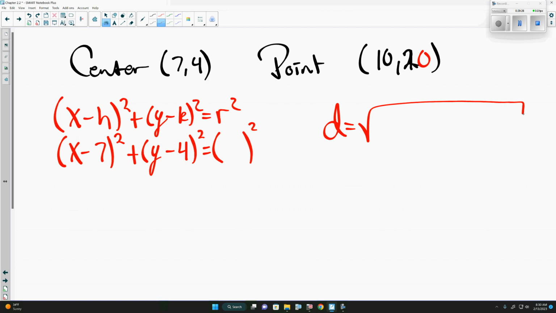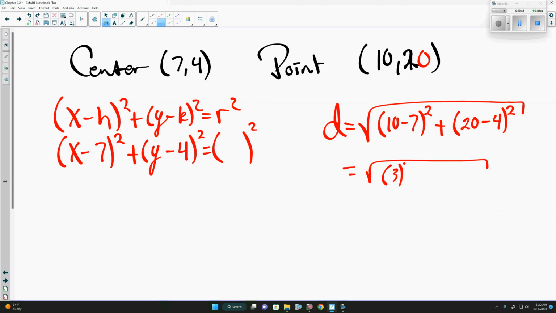And again, our distance formula is our x values being subtracted and squared plus the y values being subtracted and squared. At this point, we could plug this into the graphing calculator and it'd do it for us. 10 minus 7 squared. 10 minus 7 is going to be 3 squared. 20 minus 4 squared is going to be 16 squared.